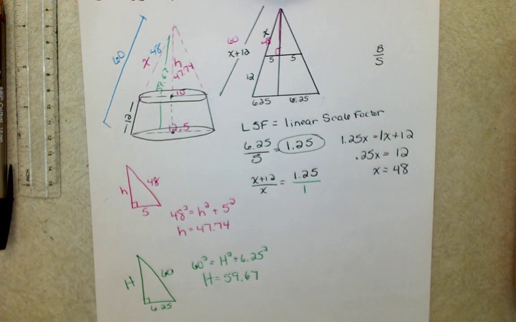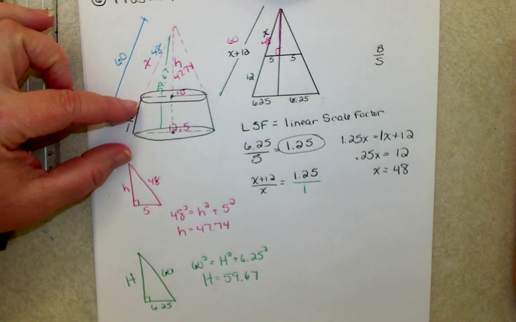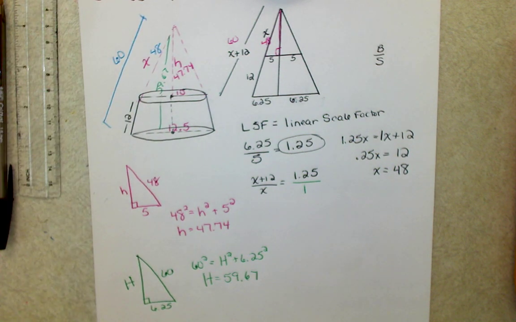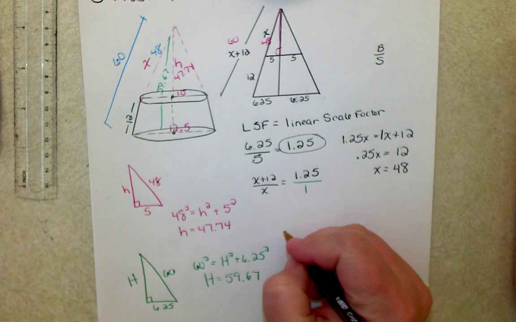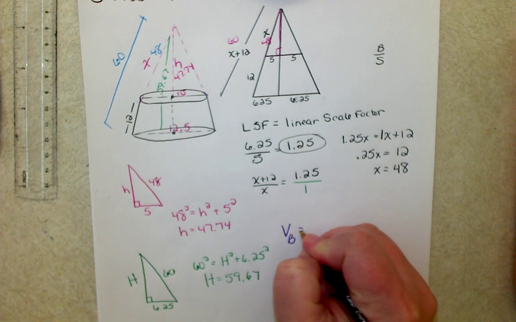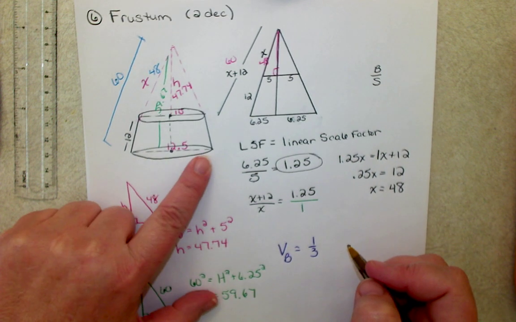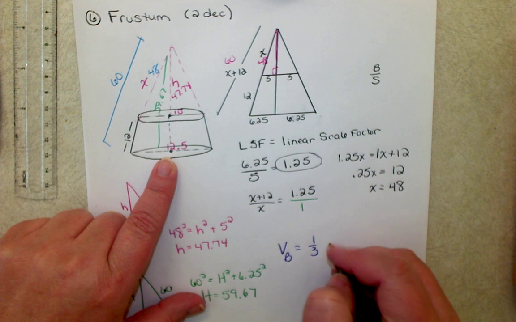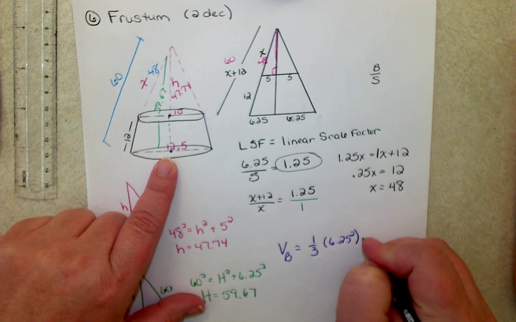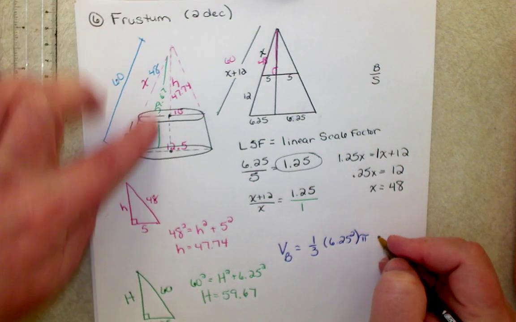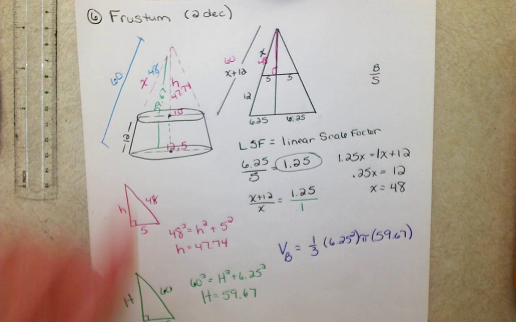So now I'm going to find the volume of the larger cone and subtract the volume of the smaller cone, and that will leave me with the volume of the frustum. So let's do the volume of the big cone. The volume is equal to 1/3 the area of the base. Our radius here, remember, was 6.25 squared times pi, and then the height is 59.67.